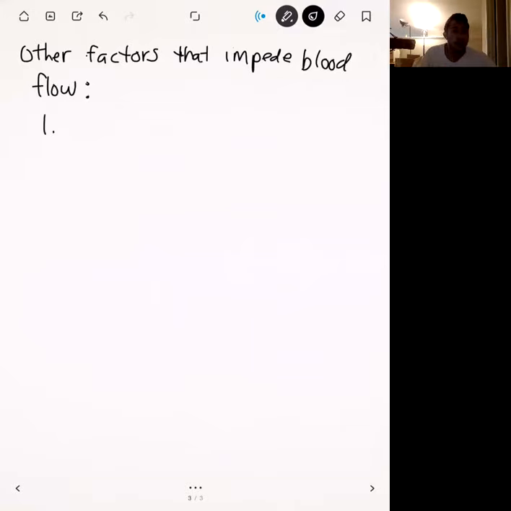And so some other factors that impede blood flow are things like wall deformation, right?